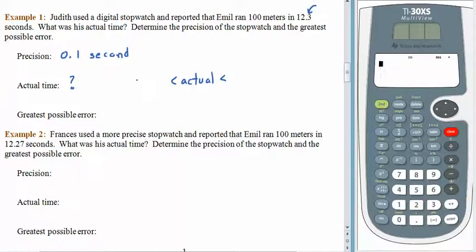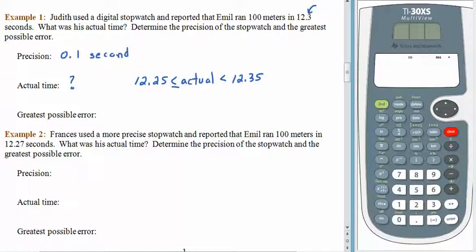So Emil's actual time could have been as low as 12.25 seconds. That would have rounded to 12.3. It also could have been as high as 12.35. We'll keep a strict inequality here because the 5 is going to push that 3 up to a 4, but we'll put an equals down here because the 5 does round things up to the 3.